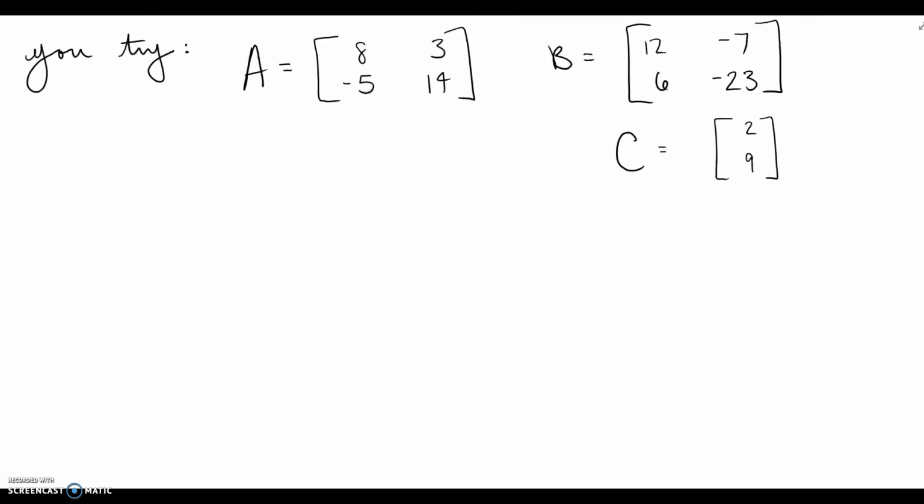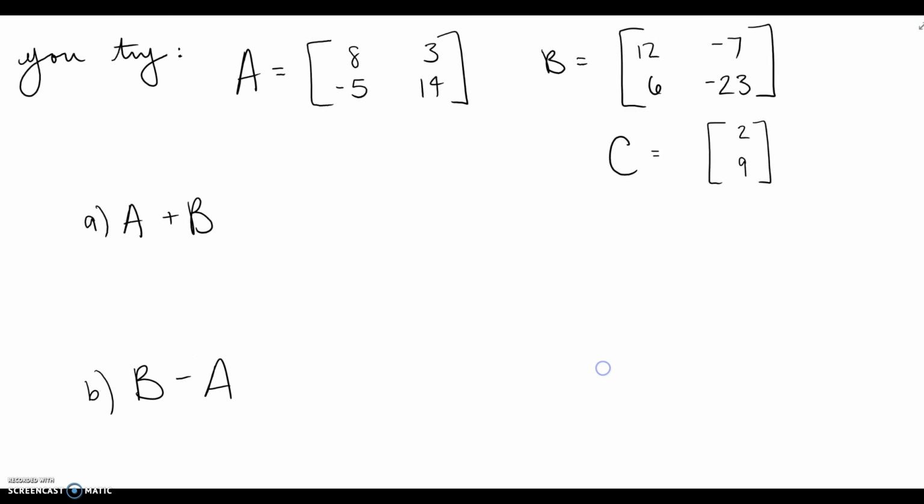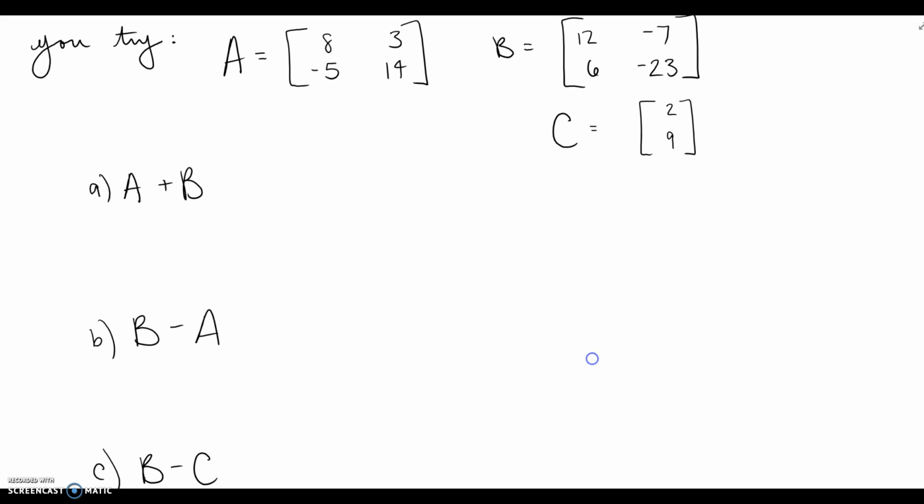So given all that information, I'd like you to do 3 problems. A plus B, B minus A, and B minus C. Right. Can I zoom out? There we go. Alright, there's all of them. Let's pause the video.